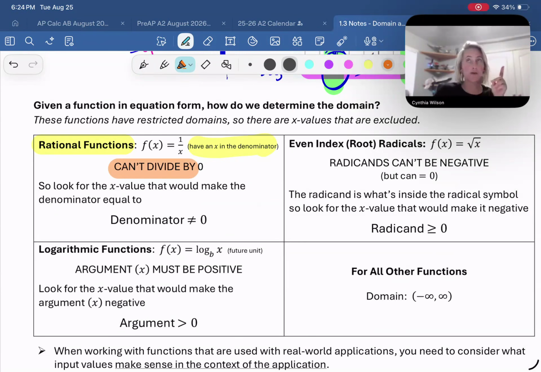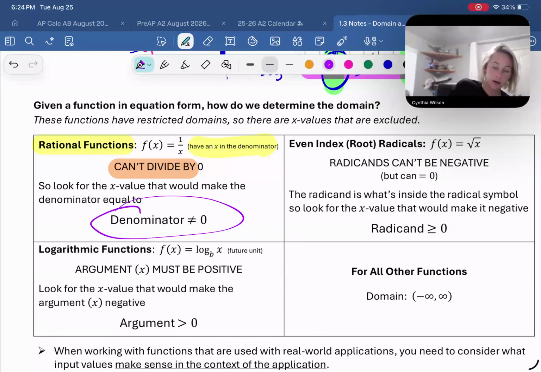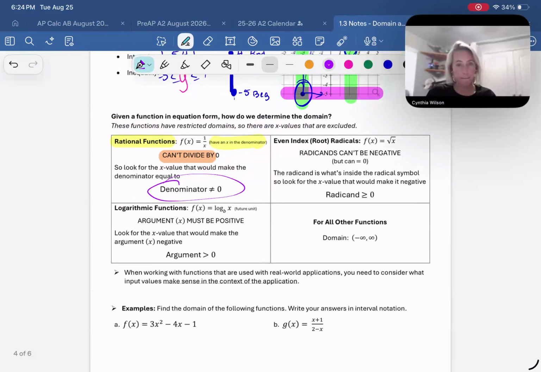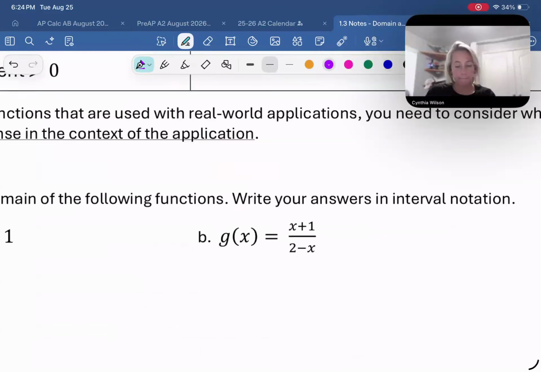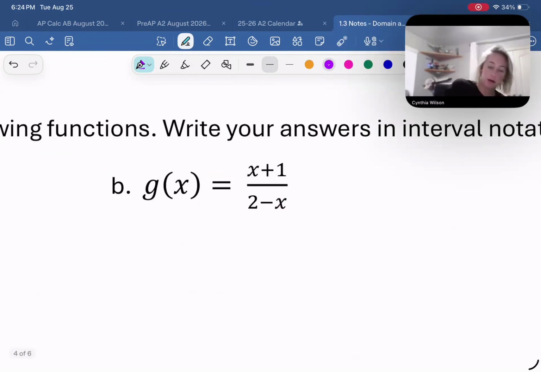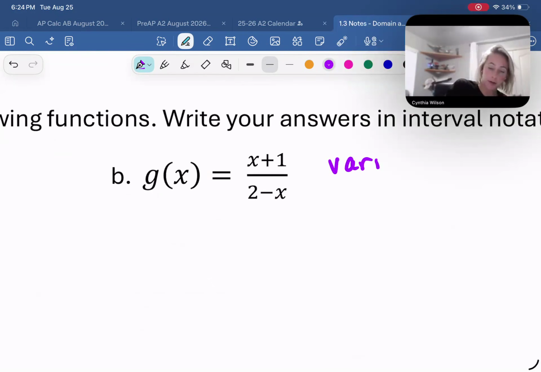So we're looking for the number that I have to leave out. All right. So we set the denominator, the bottom of the fraction, not equal, because it can't equal 0. And we solve it. So let me give you an example of that. Look over here at B. How do I know this is a rational graph? Variable in the denominator.